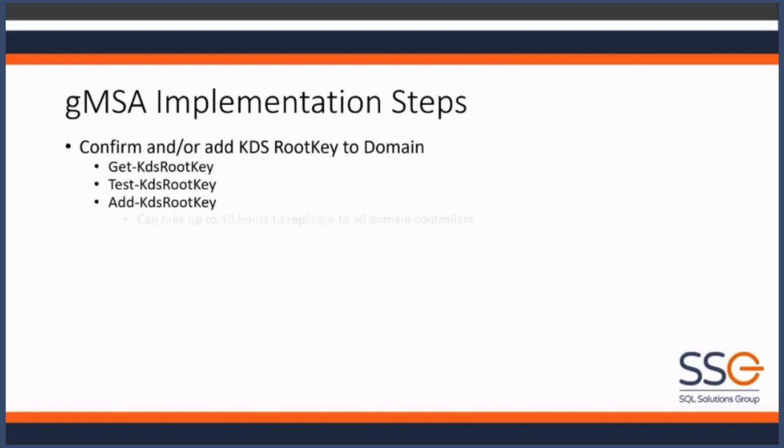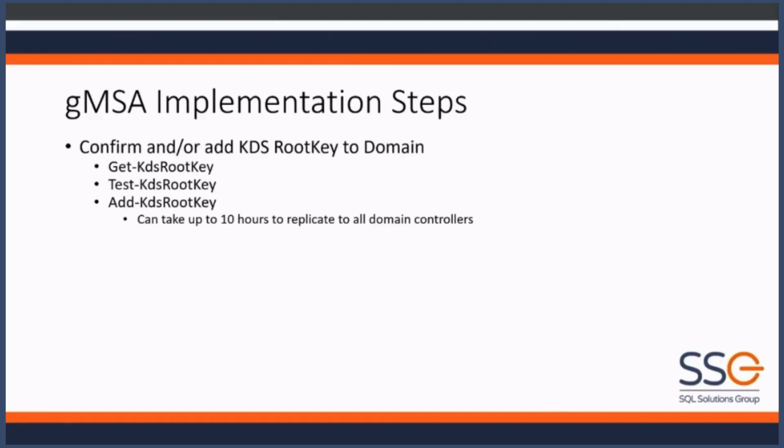Add KDS root key. One of the things to know is that creating your root key has to be done by a domain admin, or maybe even an enterprise admin, so that'll be your Active Directory people. It can take up to 10 hours to become usable, to replicate to all domain controllers.